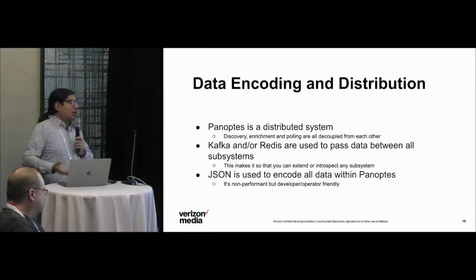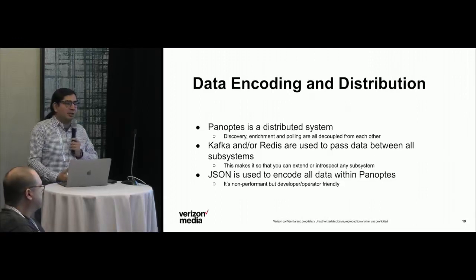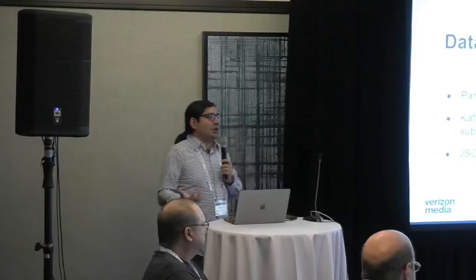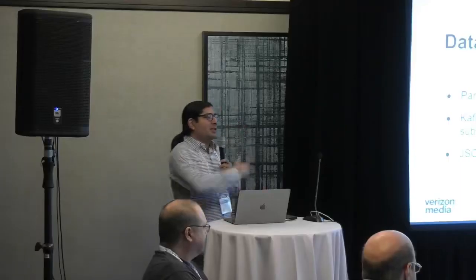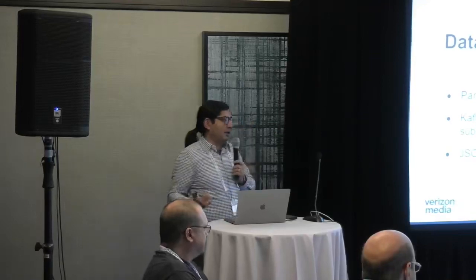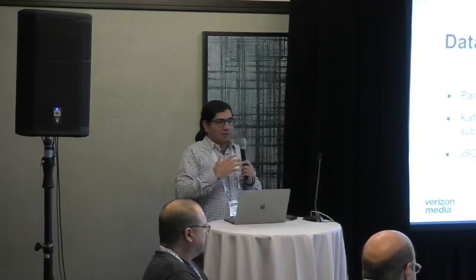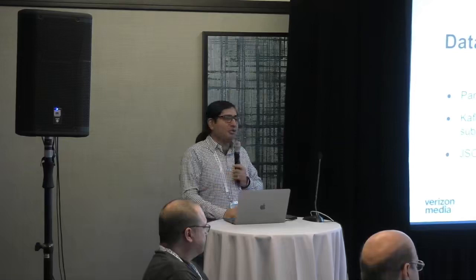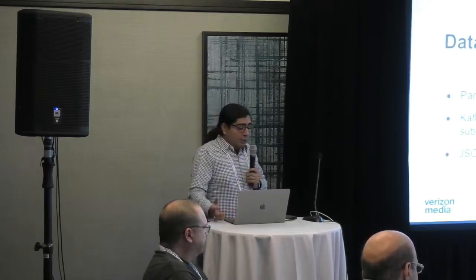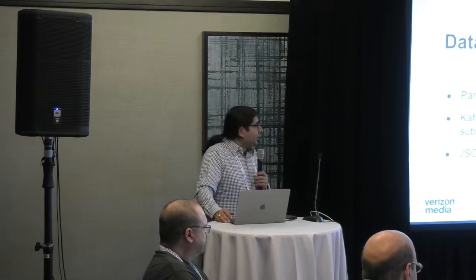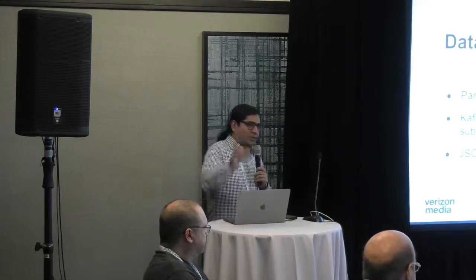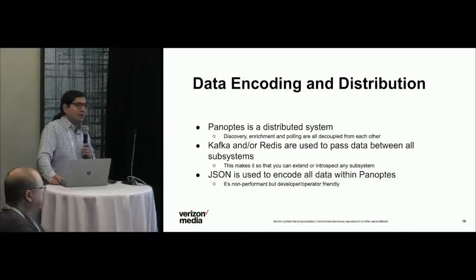For example, you start a polling plugin, but discovery has not completed by now. What will happen is the polling plugin is going to fail. It's going to say, I have nothing to monitor. Only when discovery finishes will the polling plugin succeed. Things like that are the nature of a distributed asynchronous system. We use Kafka to pass data. We use Redis for some small cases, but it's mostly Kafka that we use to pass data.